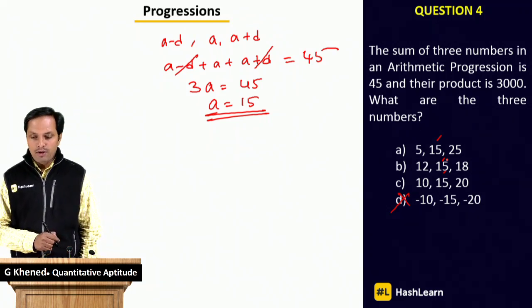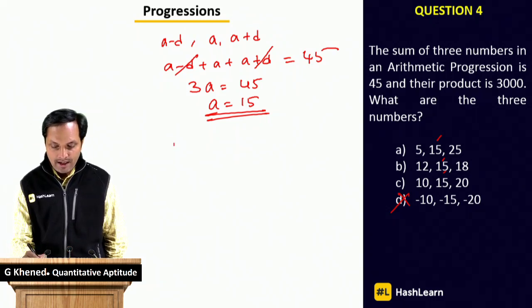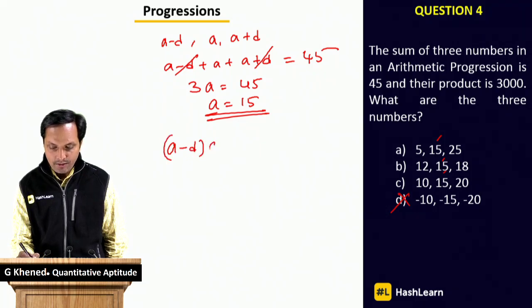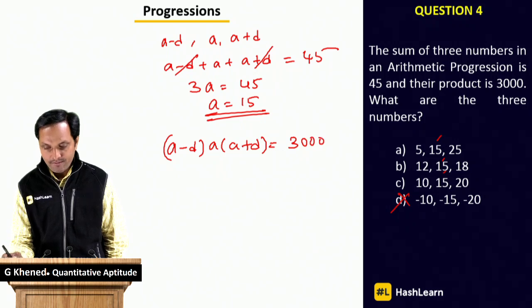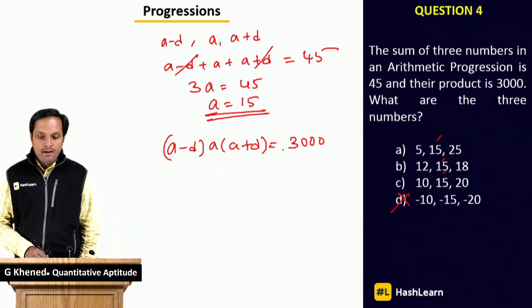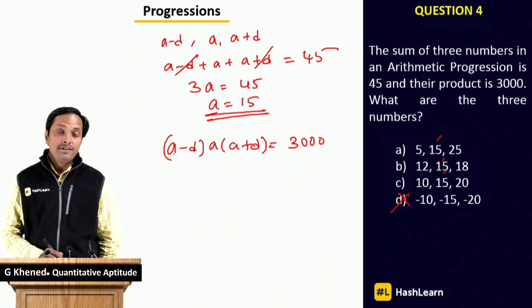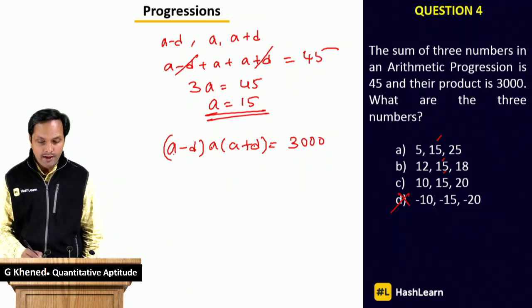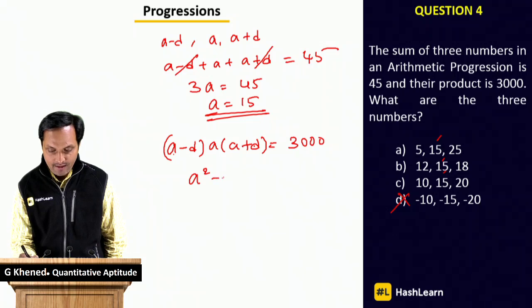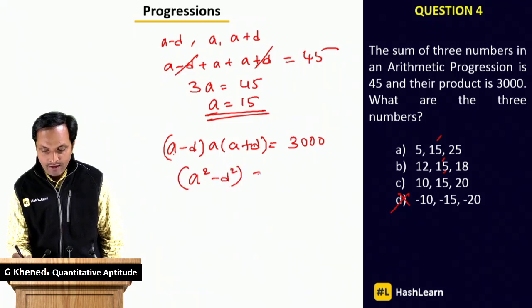Okay, so now what you need to do? You need to multiply. The product is A minus D into A plus D into A, and the product is 3000. You know the simple rule, A plus D into A minus D gives you A square minus D square.